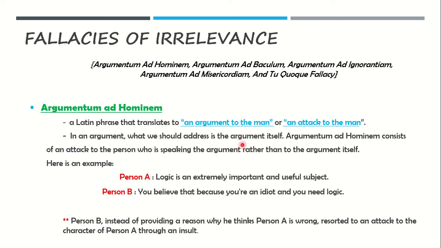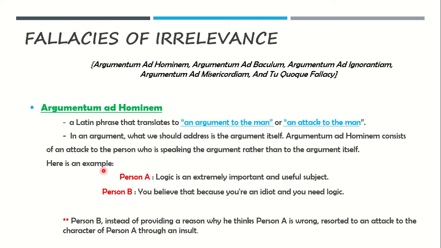Argumentum ad hominem consists of an attack to the person who is speaking the argument rather than to the argument itself. So in other words, argumentum ad hominem is used to counter an argument. However, it is based on the feelings of prejudice rather than the facts, the reason, and logic. So it is often used as personal attack on someone's character or motives.